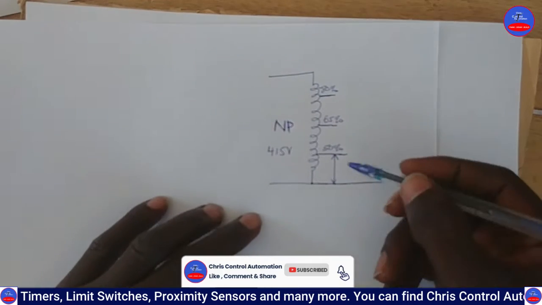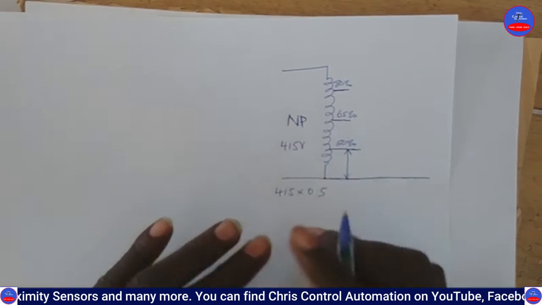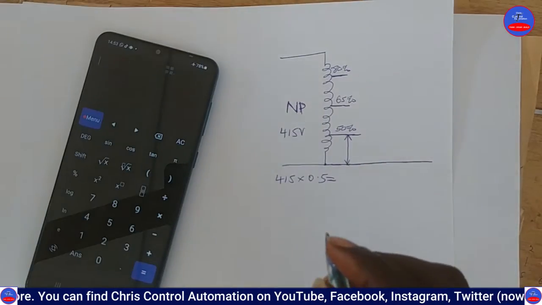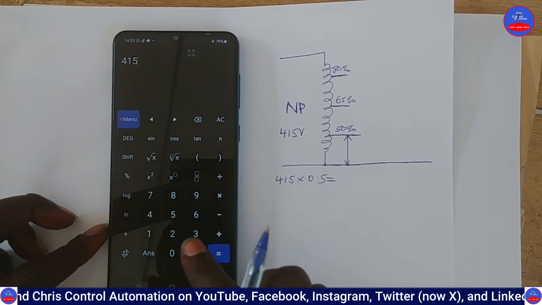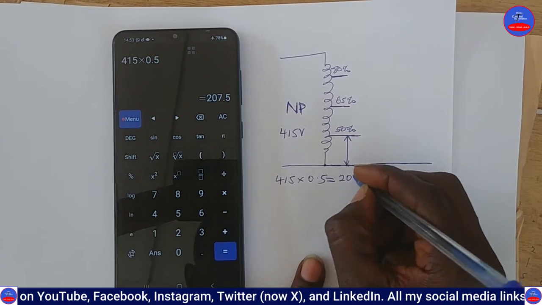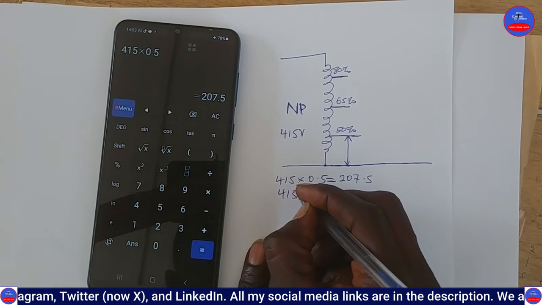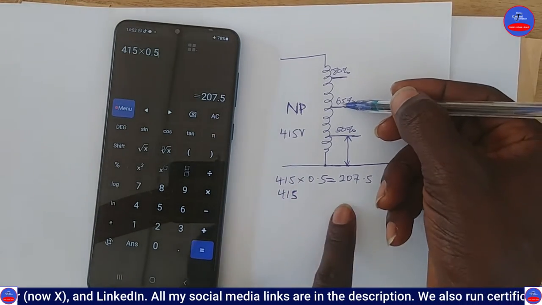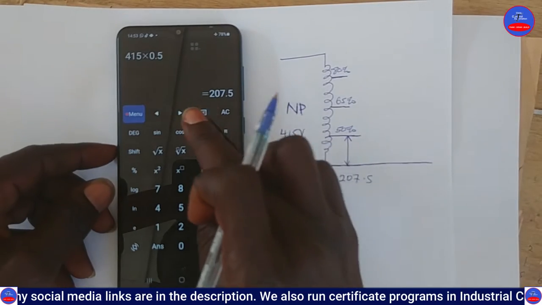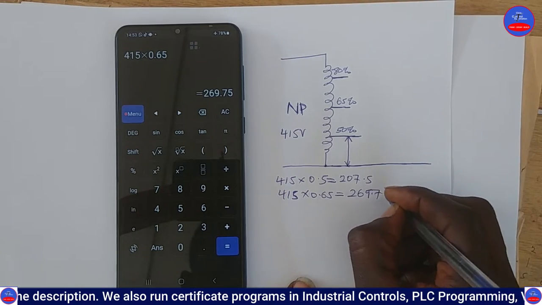With 50%, it is 415 times 0.5, which is 207.5 volts. Then 415 times 65%, so 415 times 0.65, will give us 269.75 volts.